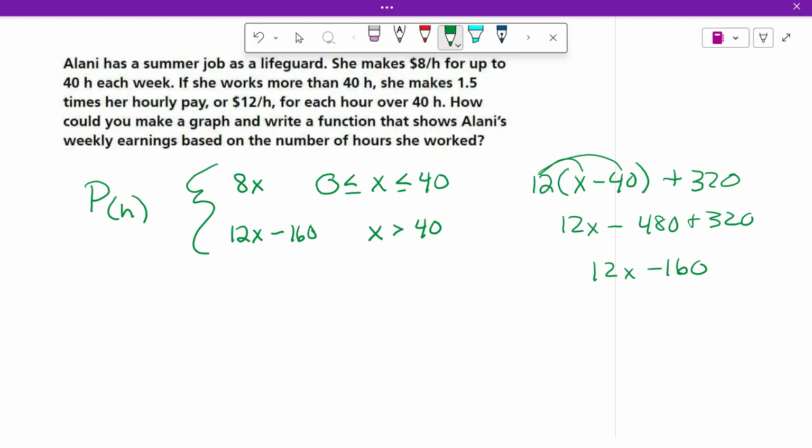If she works 41, then the 41st hour, if you put 41 in here, 12 times 41 is 492, minus 160 is 332. So if she works 41 hours, then you go to this part of the function.